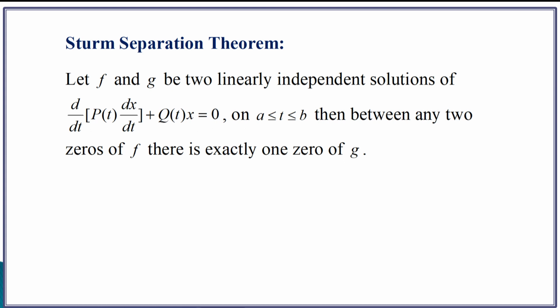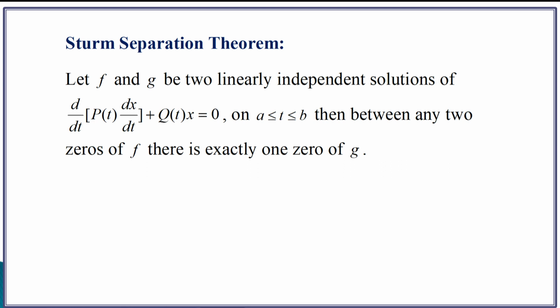So here we are assuming that f and g are two linearly independent solutions, and then what we can conclude from there. See, if f has two consecutive zeros, then there is exactly one zero of g between these two consecutive zeros of f.